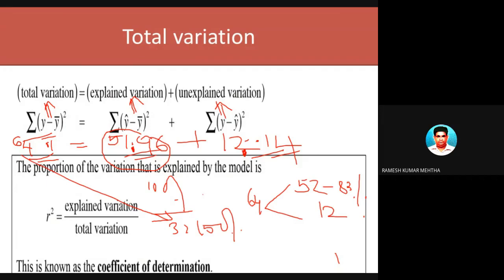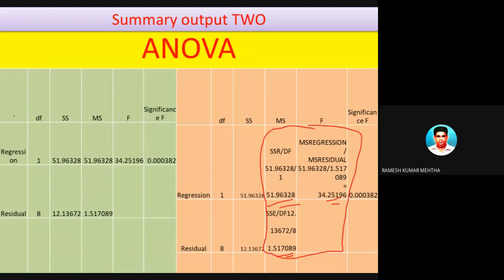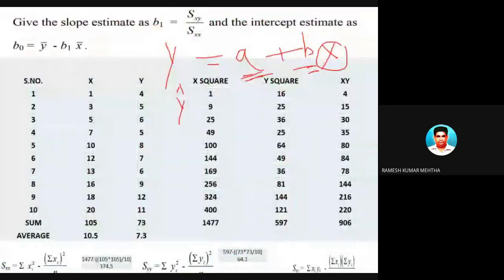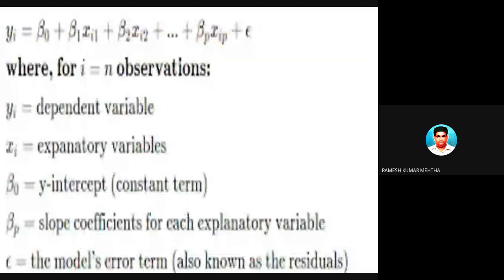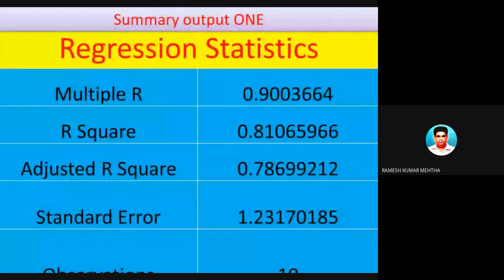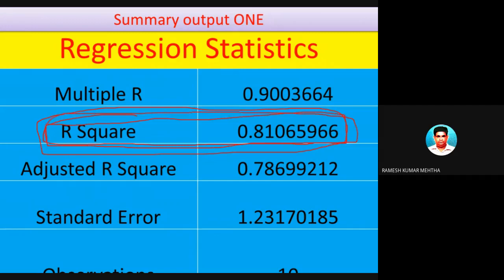So you remember R square. I will show you where you got this R square. This R square is very important. Hope you have cleared. So how do you calculate R square? R square is sum of squares regression by sum of squares total.